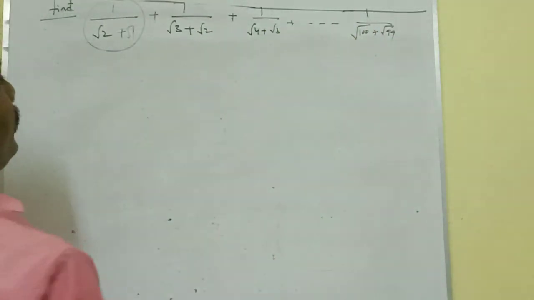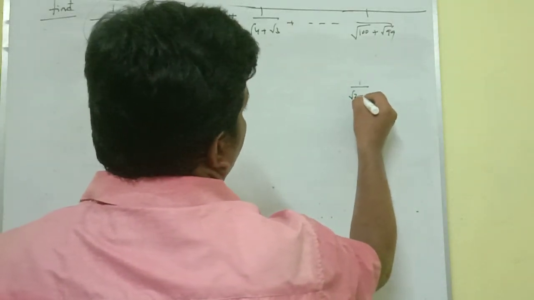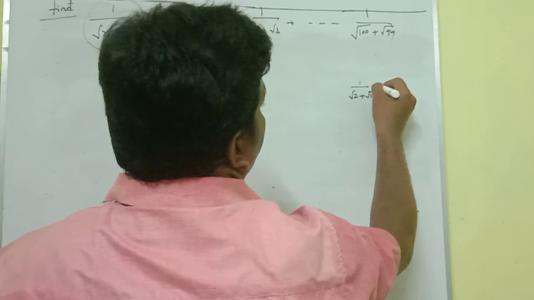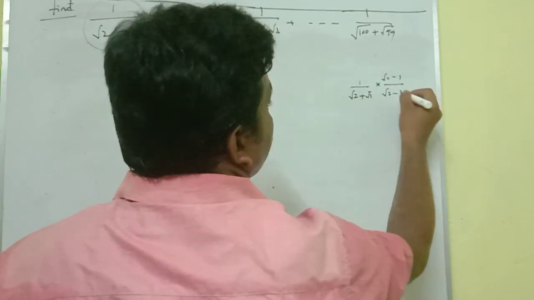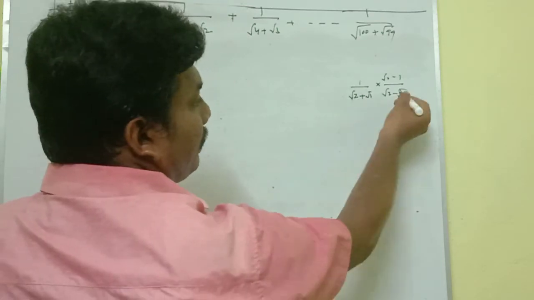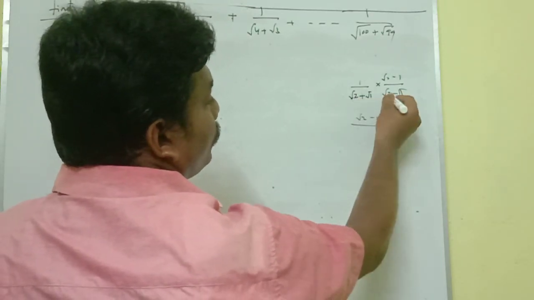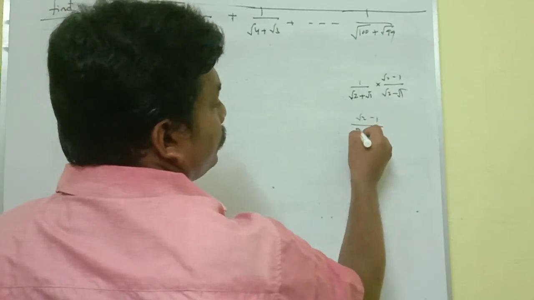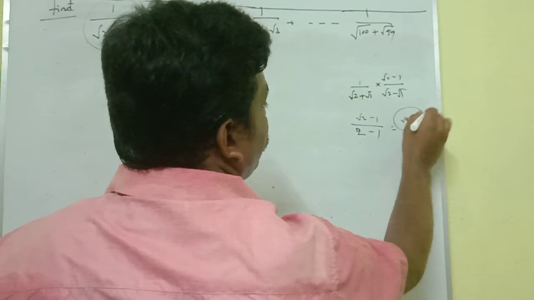So when we rationalize this, what happens? 1 by (root 2 plus root 1) into (root 2 minus root 1) by (root 2 minus root 1). This is the a square minus b square form, so it is (root 2 minus 1) by (2 minus 1), that is root 2 minus 1. This is the value, root 2 minus 1.